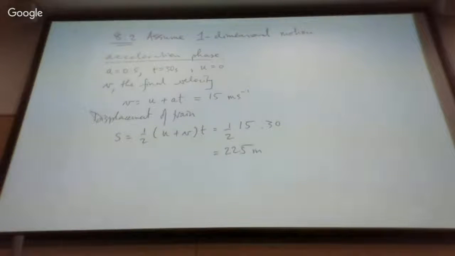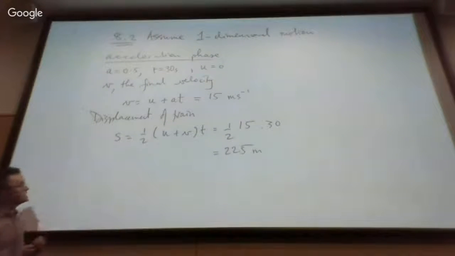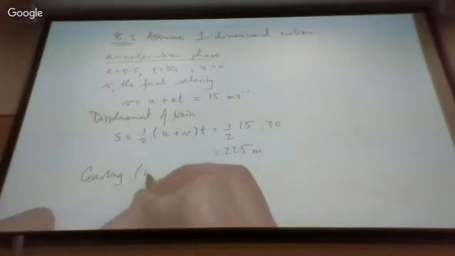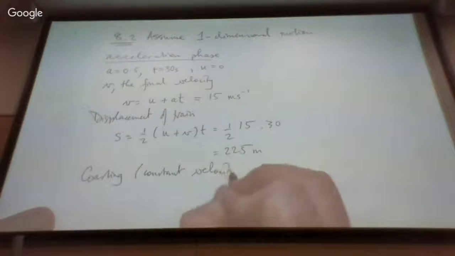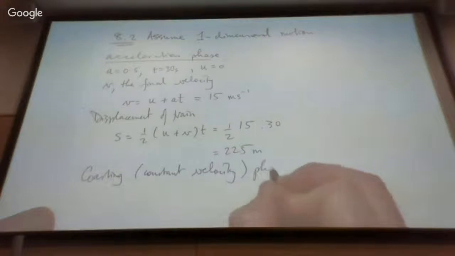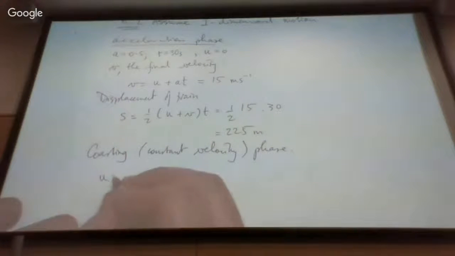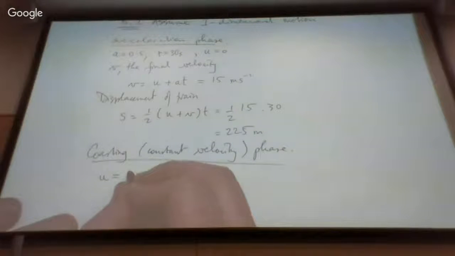So that's the situation. We've got the final velocity v and the overall displacement s that happened during the acceleration phase. Then you've got the coasting, or constant velocity phase. Now we should take u as being 15.